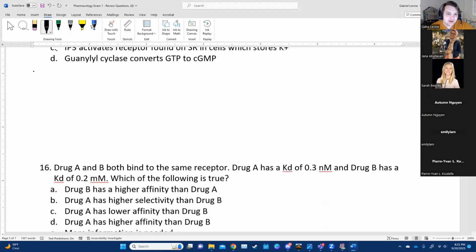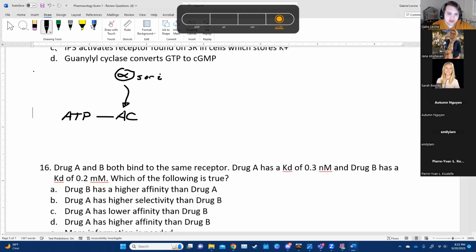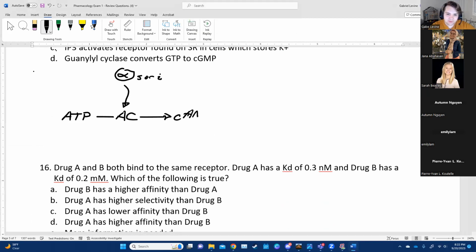As we talked about earlier, when we have the alpha subunit, whether it's S or I, once it splits away, it goes to adenylyl cyclase, which converts ATP into cyclic AMP, which then activates PKA, which takes inactive proteins and turns them into active proteins.